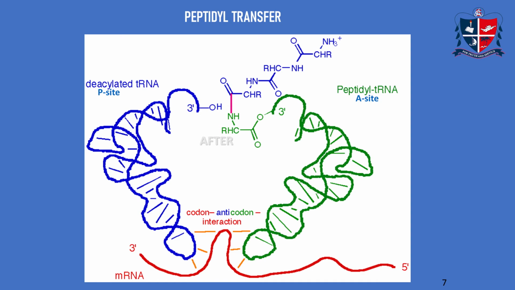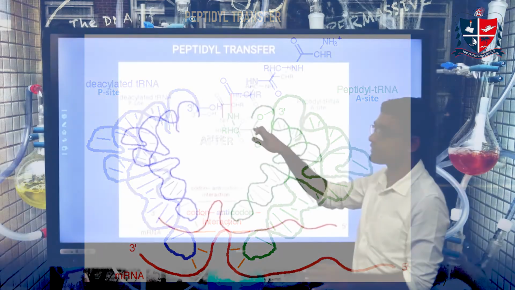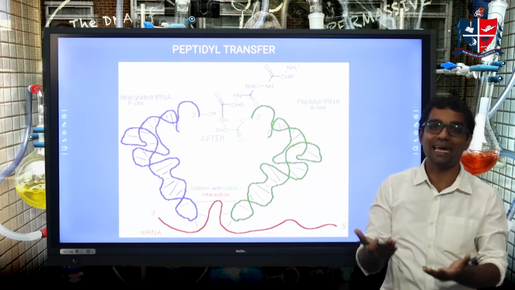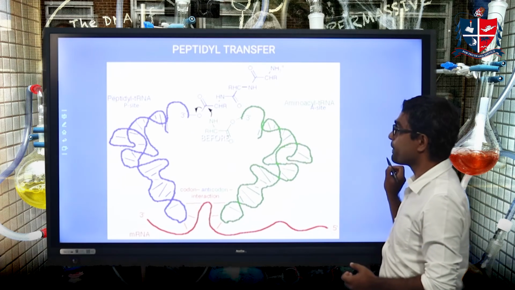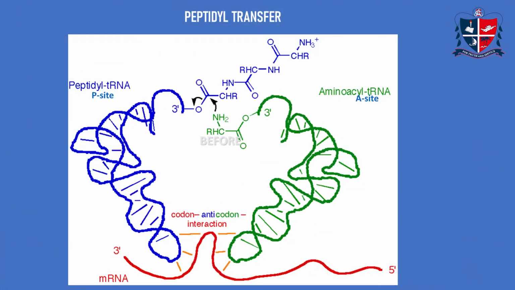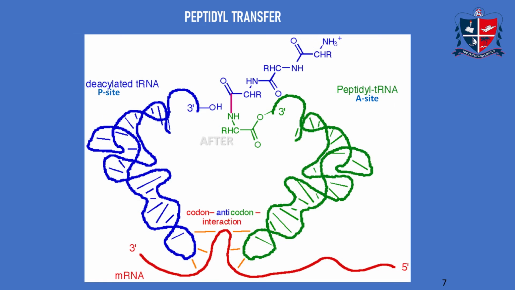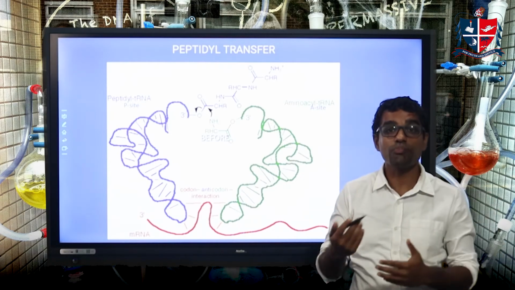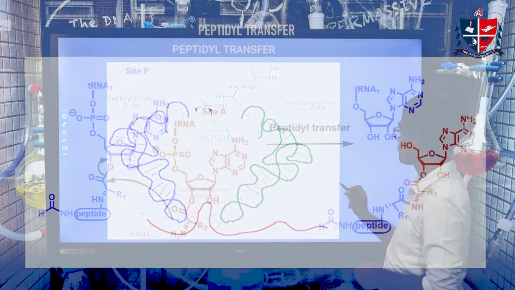See, this peptide is transferred to here. So this amino acid is incorporated into this peptide. So a new amino acid is added. Similarly, you see, this reaction continues, so that a full-length protein is formed according to the information contained in the mRNA. This is how biosynthesis of protein occurs in the ribosome.